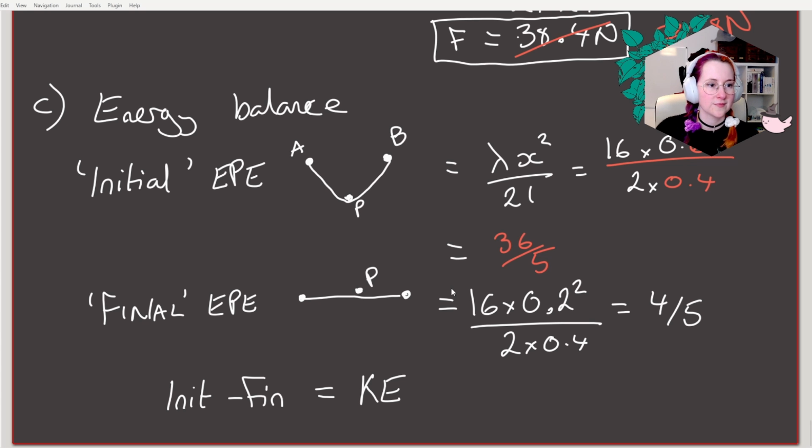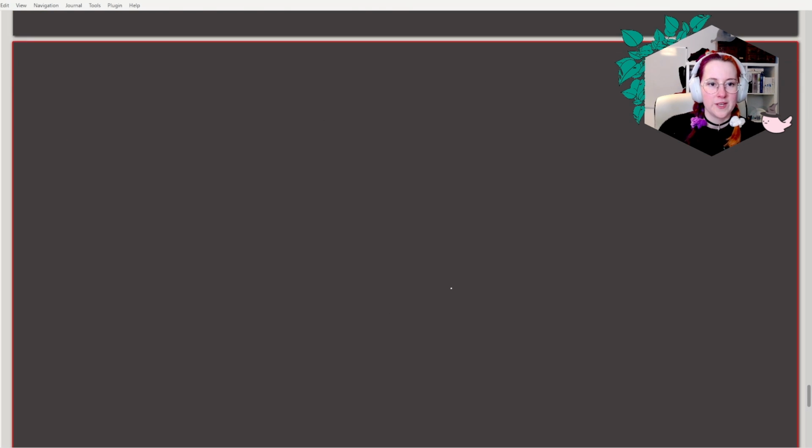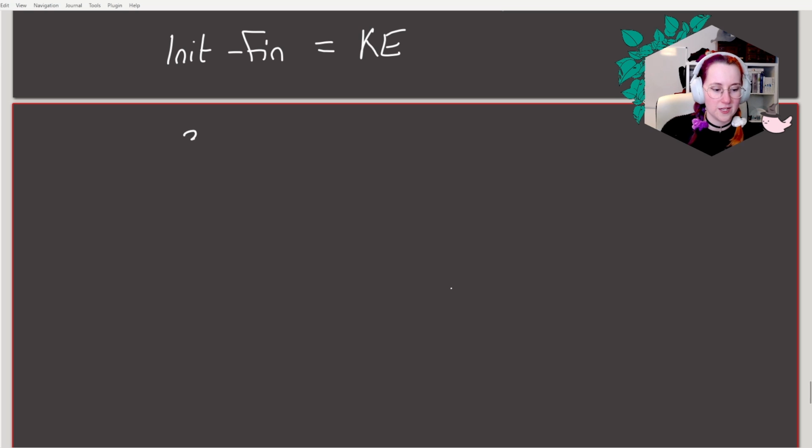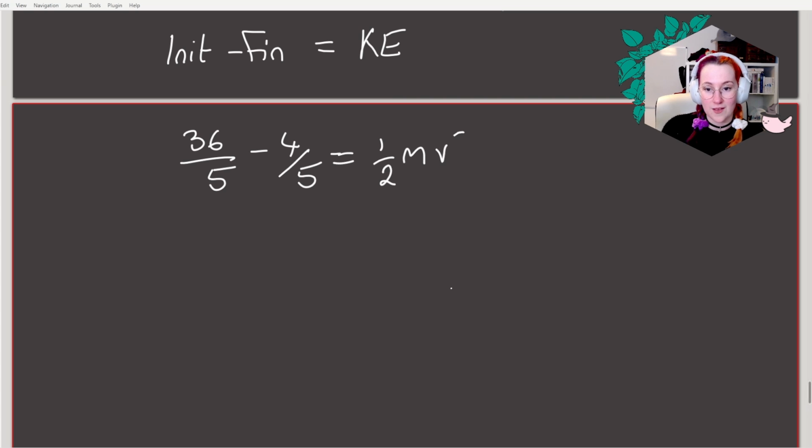So we have initial minus final, so 36 over 5 minus 4 over 5 is equal to kinetic energy, which from ages ago we should remember is half mv squared.